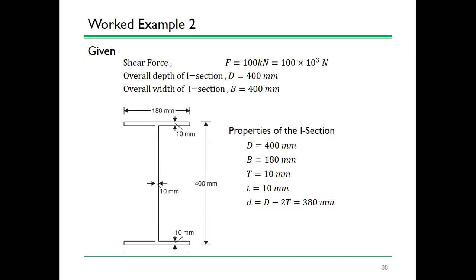And as you remember, I told you the various parts of the I section. So you see the capital D, capital B, small t, capital T, small d, and so forth. So this one, you need to get these properties right so that you will not get your calculations wrong.